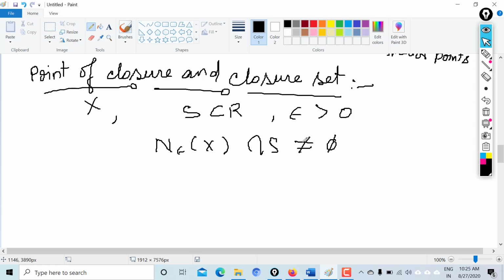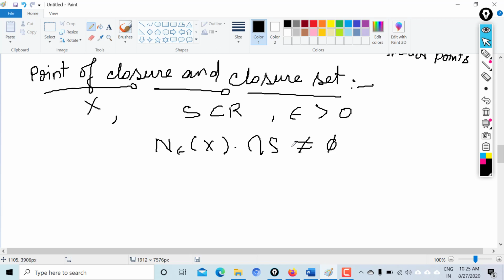You can see that the neighborhood set and the subset, their intersection, should have some common element.